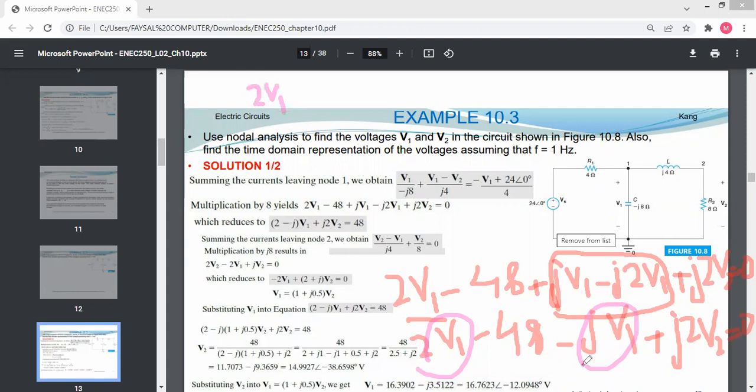So it will be minus jv1. Then the next parameter is plus j2v2, j2v2 minus 48 equals to 0.